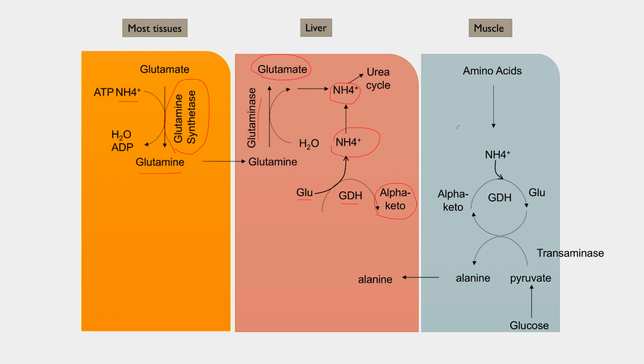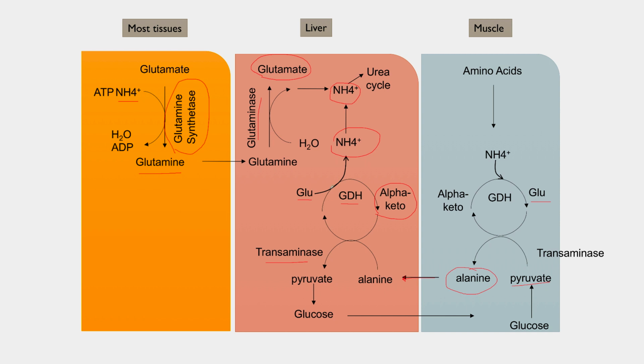Additionally, in the muscle, we also have the alanine glucose cycle, and you can see here that glutamate can undergo a transamination reaction with pyruvate to generate alanine, and alanine can then be shuttled through the bloodstream to the liver. The alanine, once in the liver, can undergo an additional transamination reaction where alanine can interact with the keto acid alpha-ketoglutarate.